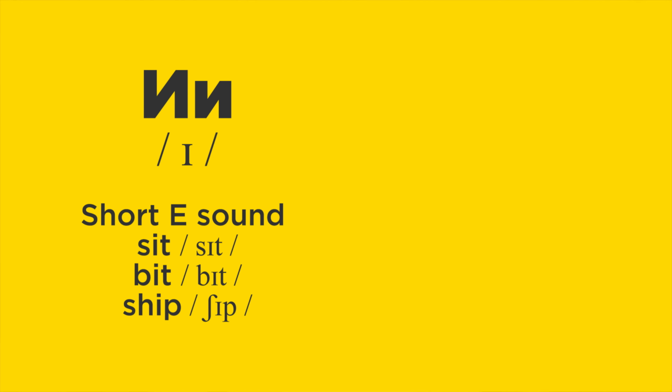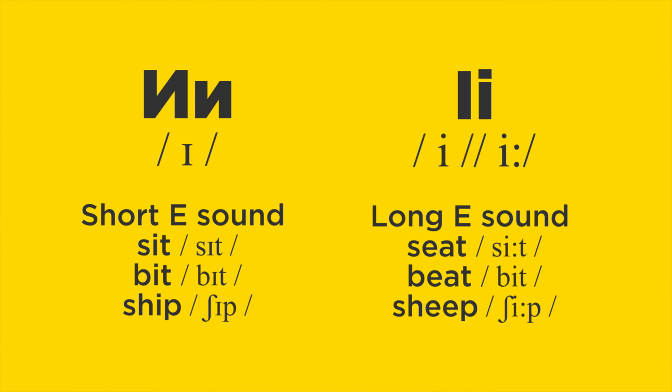It is important to distinguish I and E, because it does change the meaning of the words in the Ukrainian language. So, the sound I is very similar to the English short I sound, like in the words sit, ship, and E is quite similar to the English long E sound, like seat, eat, sheep.